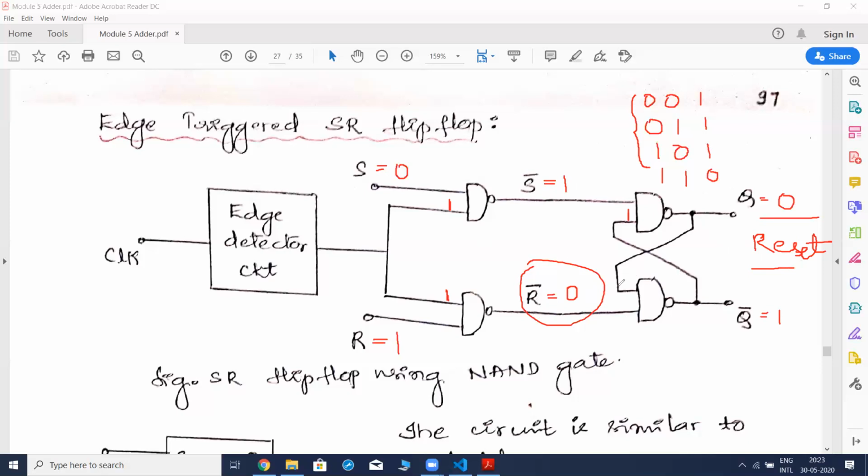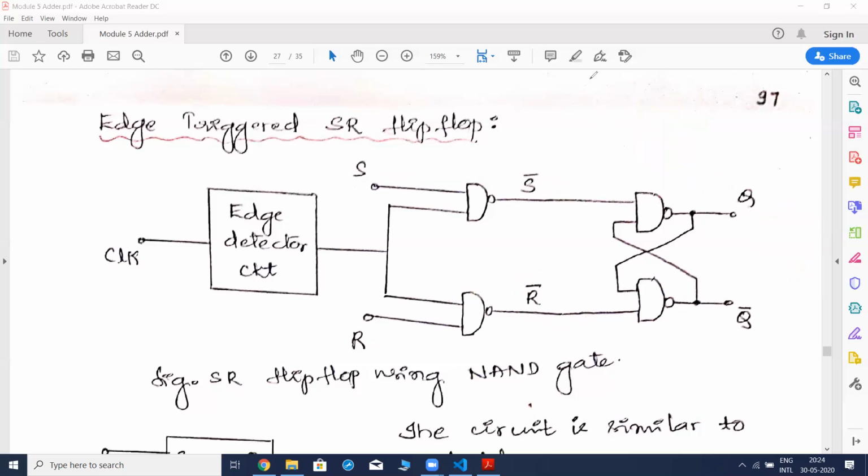So we are starting from this particular NAND gate. Here one of the inputs is 0, so we'll get the output as 1. That one appears over here. Both the inputs are 1, 1, so we'll get Q as 0. If we are getting Q as 0, that particular condition is called reset.